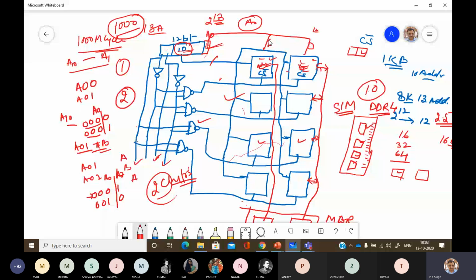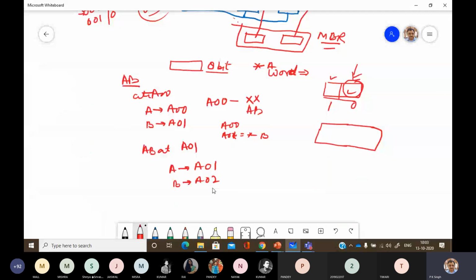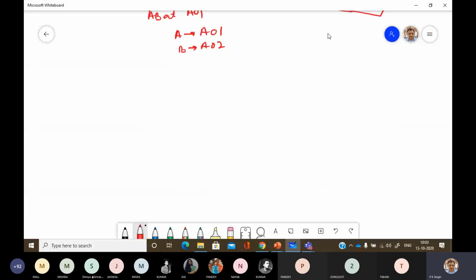In that case, for the first, second and third cases, we need one cycle.